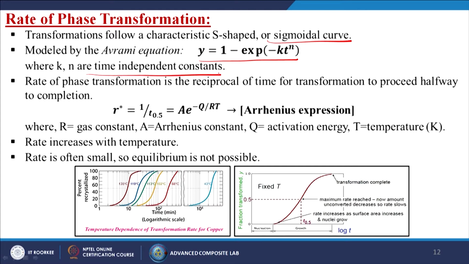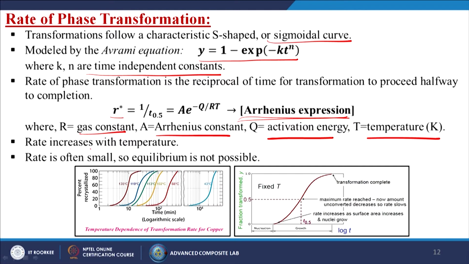Rate of phase transformation is the reciprocal of the time for the transformation to proceed halfway to completion, which is r prime equal to 1 by t 0.5 equal to A e to the power minus Q by R T. That is known as the Arrhenius expression, where R is the gas constant, A is the Arrhenius constant, Q is the activation energy, and T is the absolute temperature, in Kelvin.